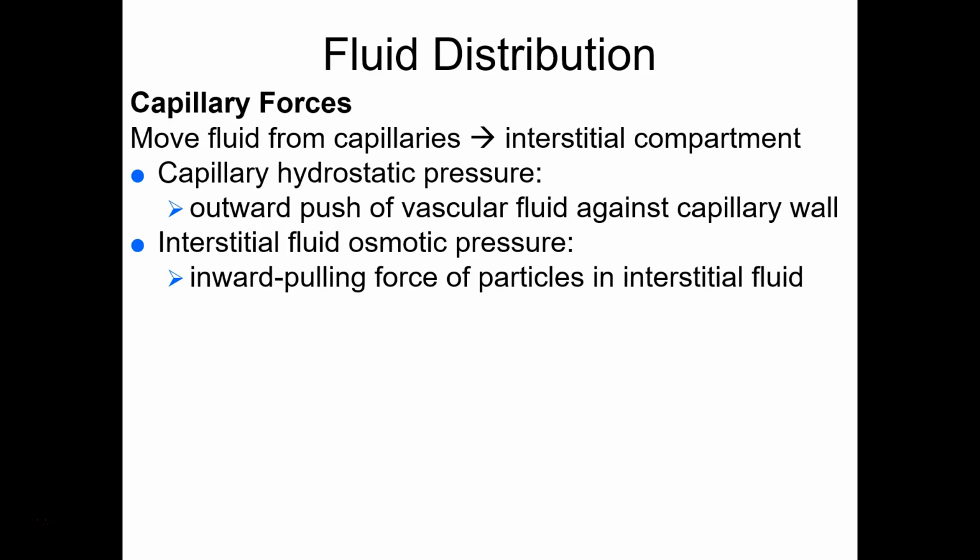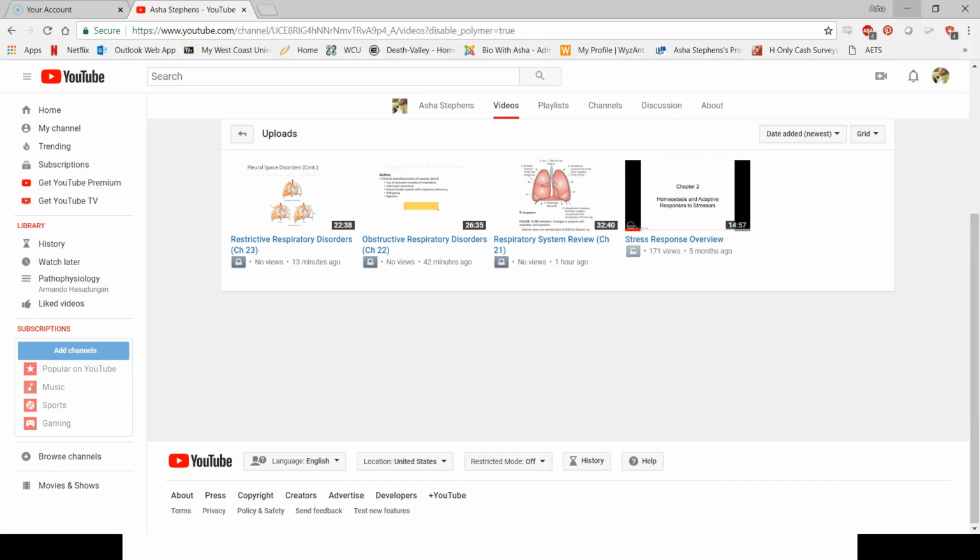So if we look at how fluid is distributed within the body, we have to look at what's happening between the circulatory system and then the fluids in the other compartments within the body. And so what we're looking at in particular is how fluid is entering and leaving the bloodstream. And so what we have are 2 different basic types of pressures that we can use to determine fluid movement.